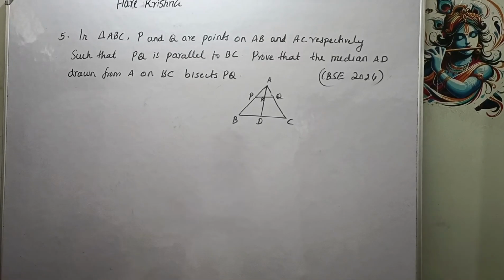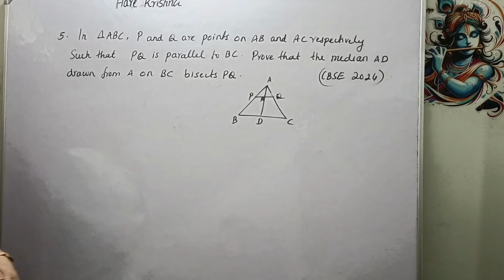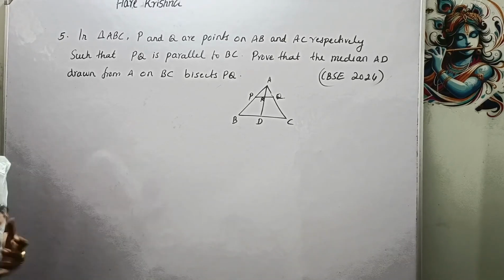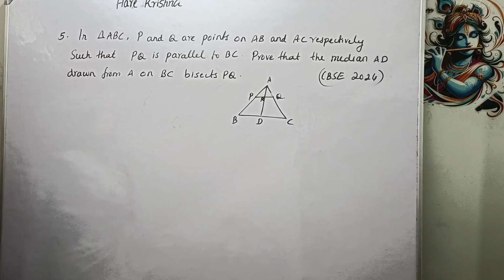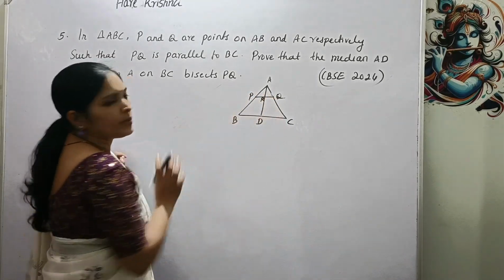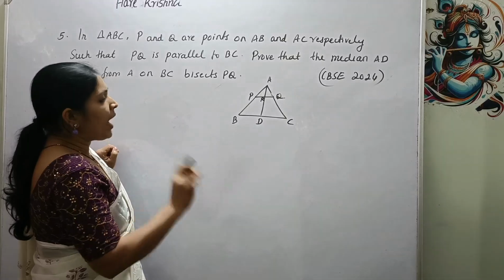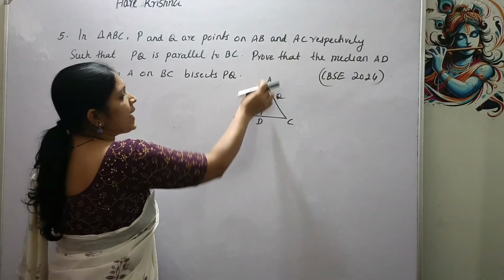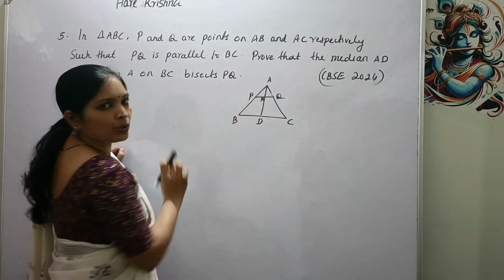In triangle ABC, P and Q are points on AB and AC respectively such that PQ is parallel to BC. Prove that the median AD drawn from A on BC bisects PQ. See, here it is given that PQ is parallel to BC. Here we have to prove AD is a median, and this AD bisects PQ.